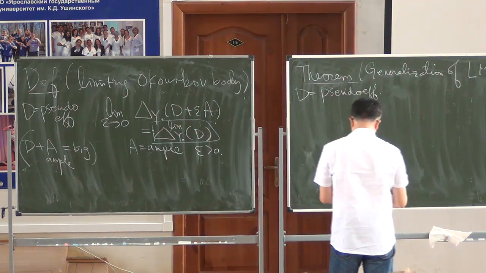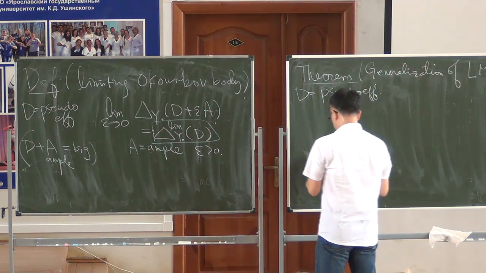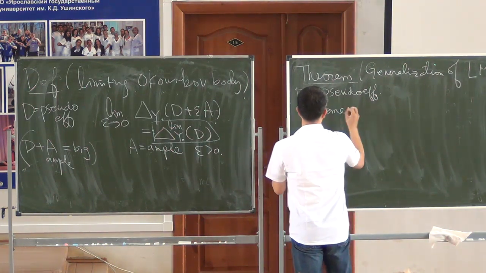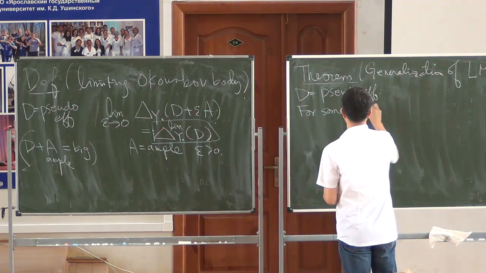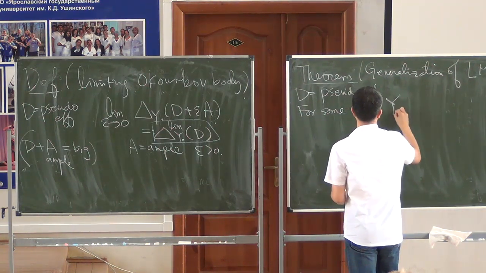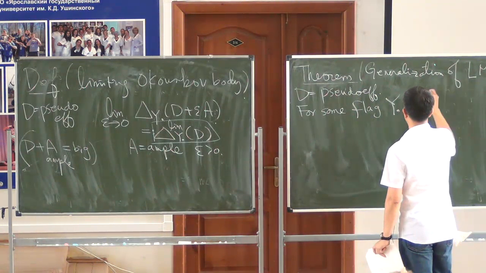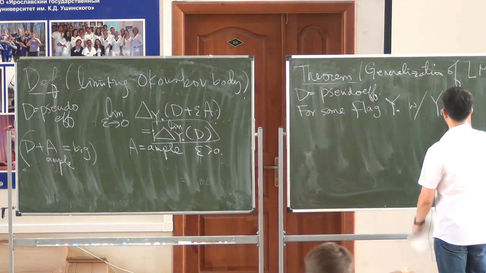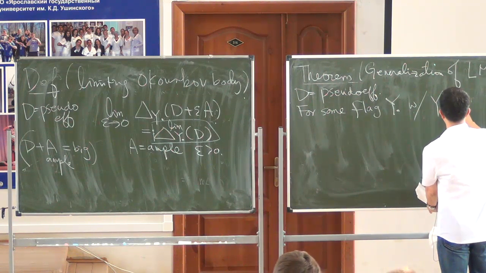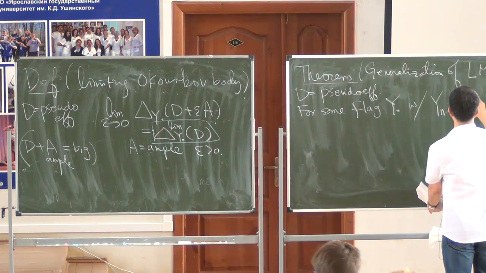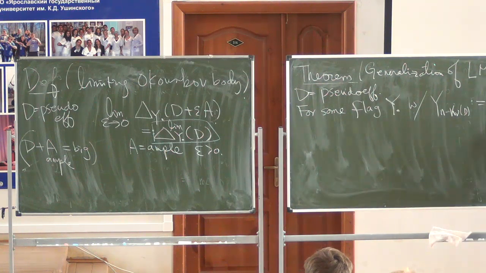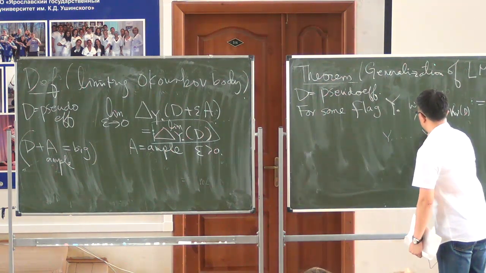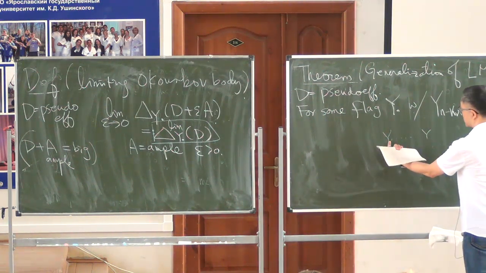Then for some flag, not all flags, for some flag Y with Y_{n-kappa nu D}, so I will fix this notation, this is a sequence of irreducible subvarieties.